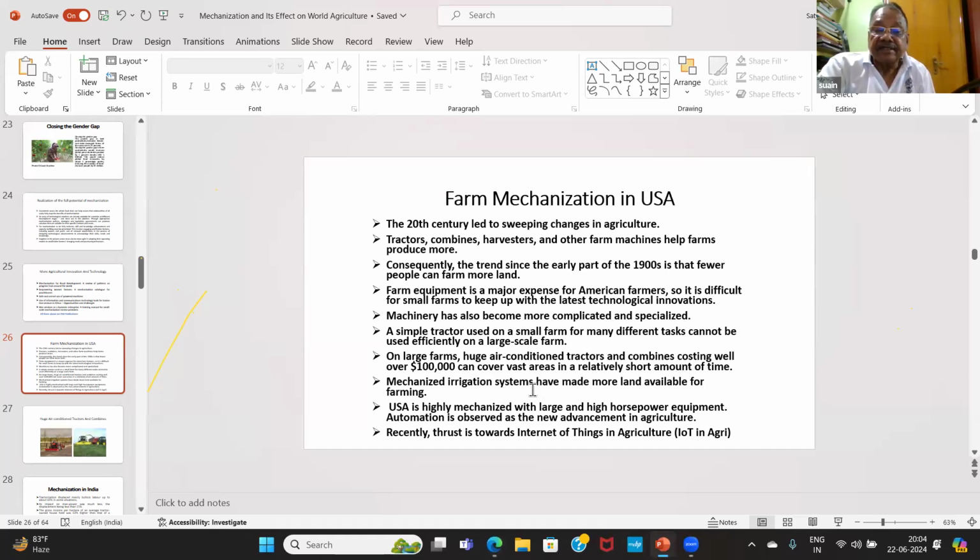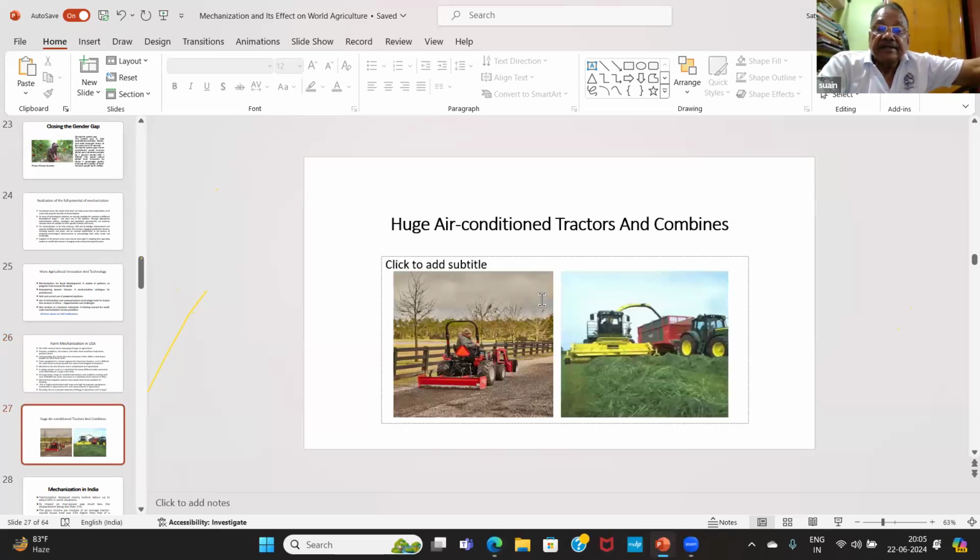Irrigation systems also, like Israel, they have mechanized it. They are controlling through sensors or smart devices. USA agriculture is highly developed, highly mechanized. Now the recent use is IoT. We have to do that.